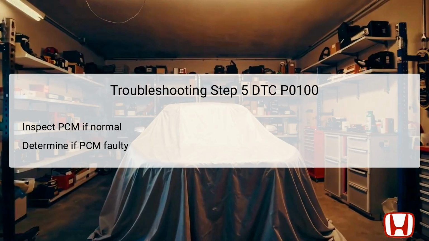If the PCM is faulty, it may incorrectly interpret signals or fail to communicate effectively with sensors, thus triggering DTC P0100. Identifying a defective PCM is crucial, as it requires specialized handling and knowledge to replace or repair due to its significance in the vehicle's operability.